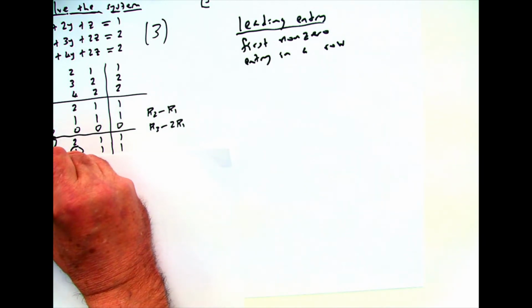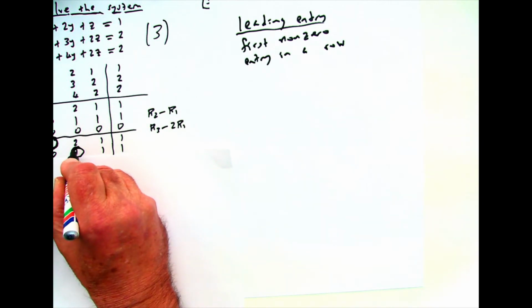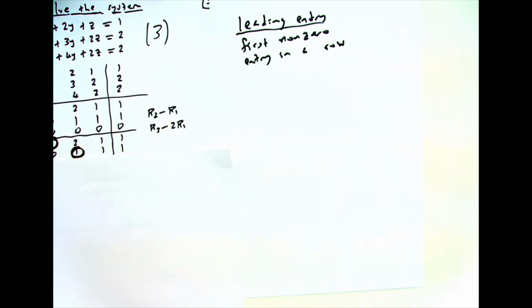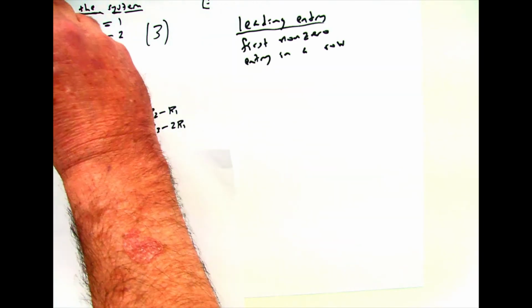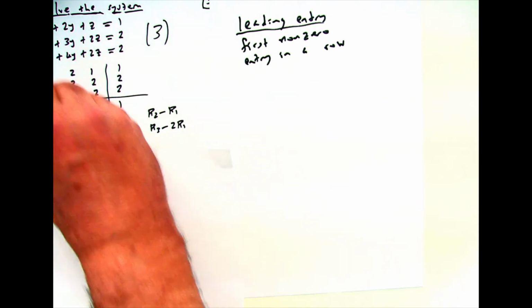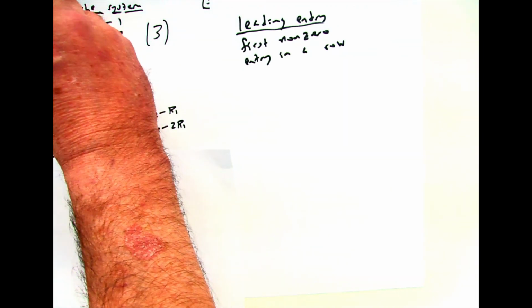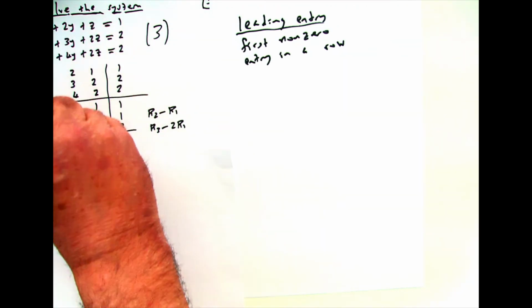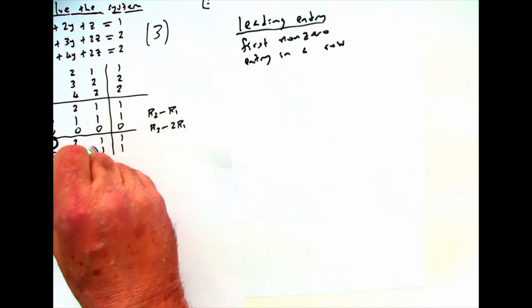This is the first non-zero entry in row 1. And here's the first non-zero entry in row 2. We've circled the leading entries. Now, every column corresponds to one of the variables x, y, or z. So the first column, these are all coefficients of x. The second column, these are all coefficients of y. And the third column, coefficients of z.